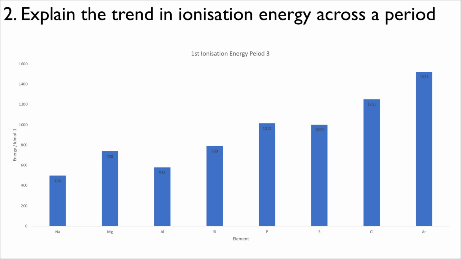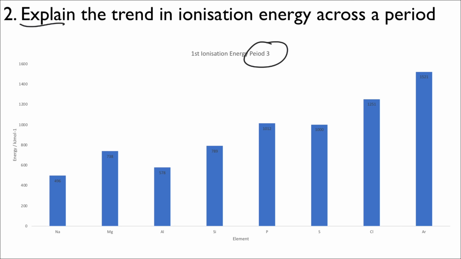Okay, so the second objective, we're going to look at how we explain the trend in ionization energies across a period. If this was an exam question, with the command word explain, you need to give reasons why. It would be sufficient to say what the trend is and then go into the details. I've picked period 3 just to look at here.